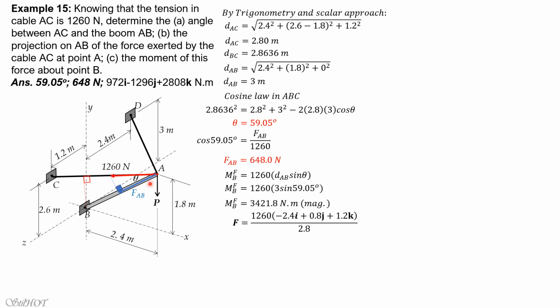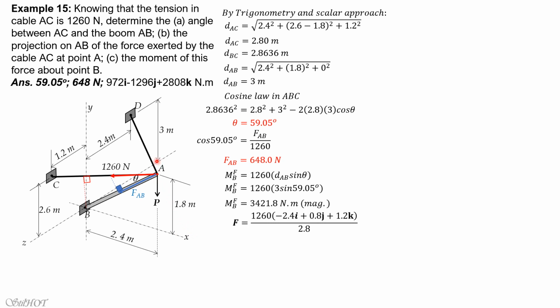So for MBX, remember, there are components of the force, Fx, which is to the left, equal to 1,260 times negative 2.4 over 2.8. That component gives moment about the x-axis, so that is ignored because it is parallel to the x-axis.